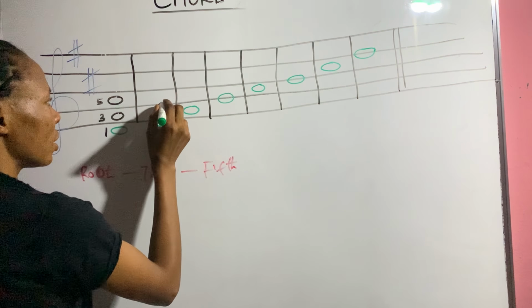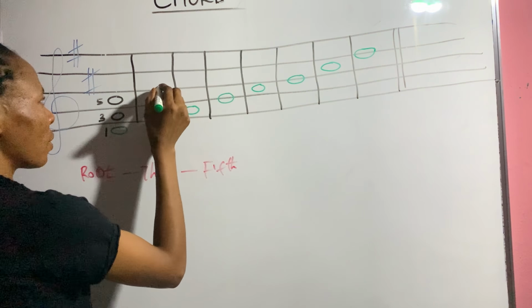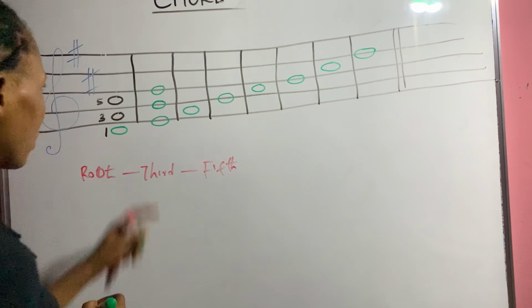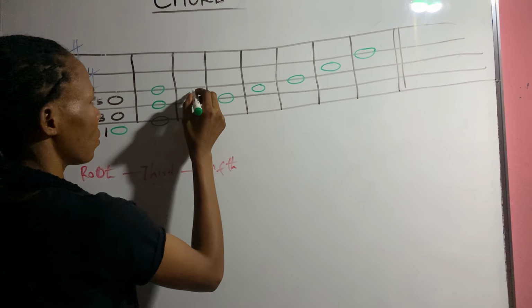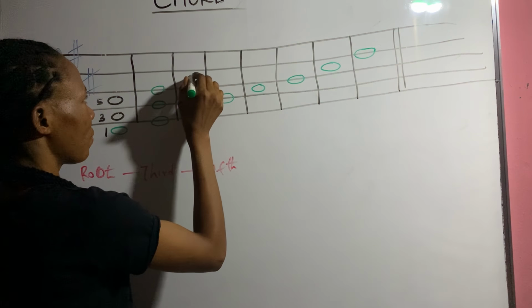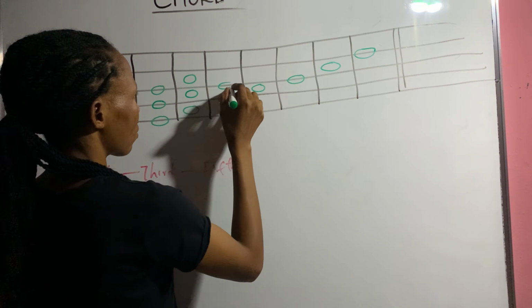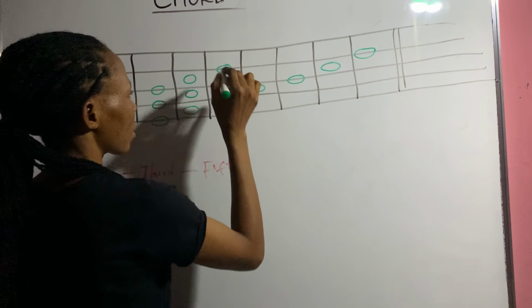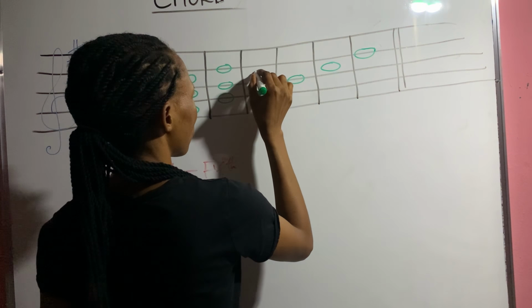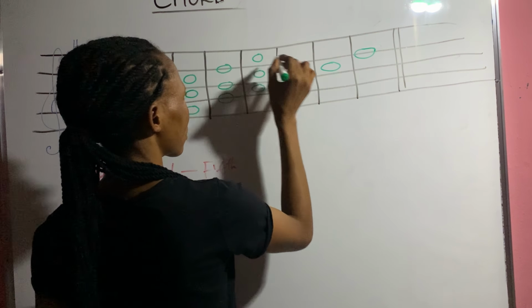Now this one is E. We said a triad is formed of the root, the 3rd, and 5th. So root, 3rd, and 5th. Root, 3rd, and 5th.